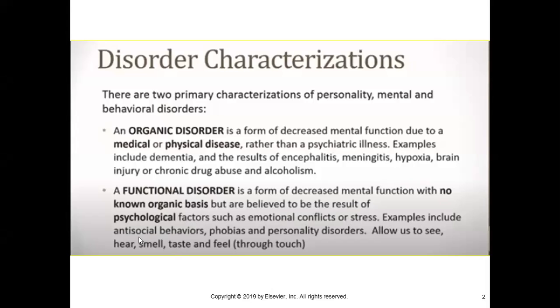Examples include antisocial behavior. So if you examine the brain of a person with antisocial or personality disorder, like MRI or CAT scan or any other laboratory test, we will not find any abnormalities in the MRI or CT scan.